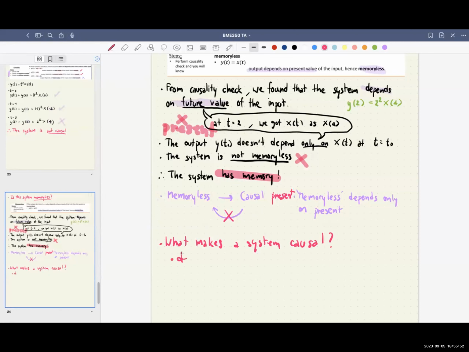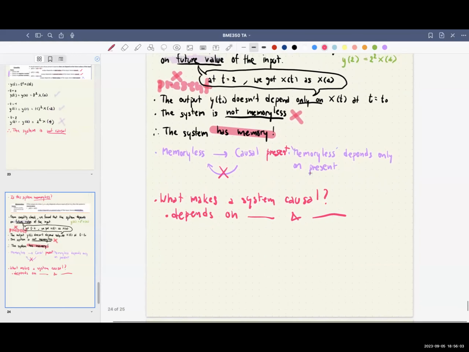It's gonna be dependent on ____ and ____. Can anyone help me fill in the blank? I'll give you a hint on the first letter.